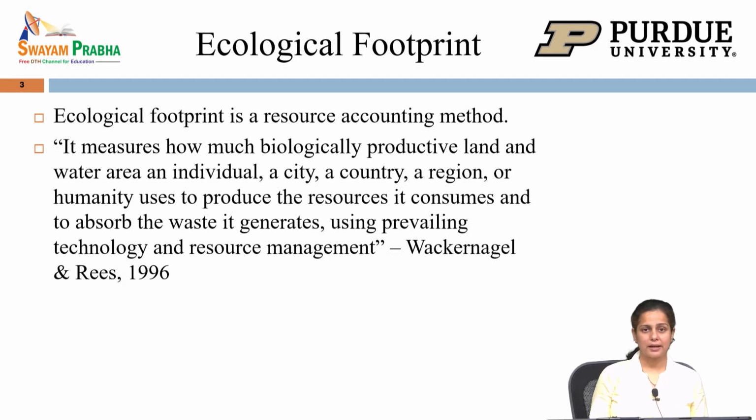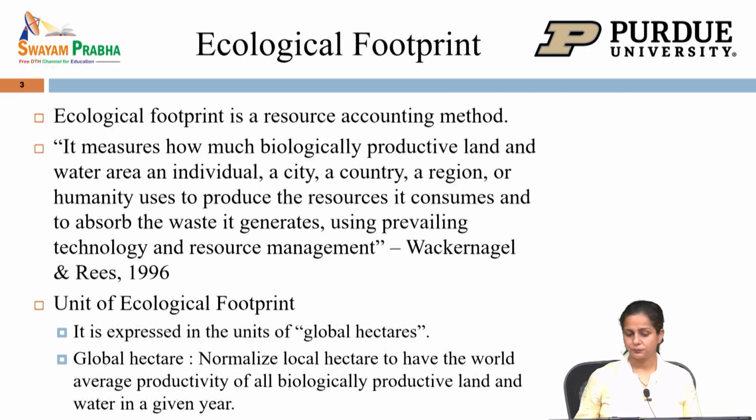So, all of that activity that consumes resources and also produces waste has a contribution to the land consumption or the land appropriation by human activities, and that is what is known as the ecological footprint.